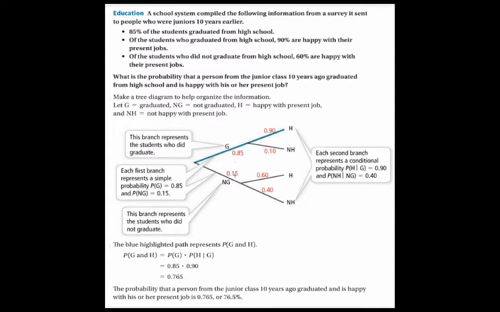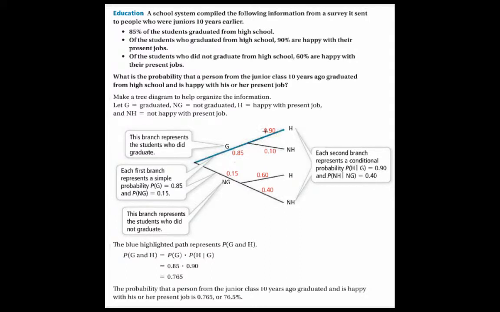Now, these probabilities in red are all based on the values in the given problem. So, what is the probability that a person from the junior class 10 years ago graduated from high school and is happy with his or her present job? They need to have graduated, so we follow this path here. And happy with their present job, we continue on this path here.